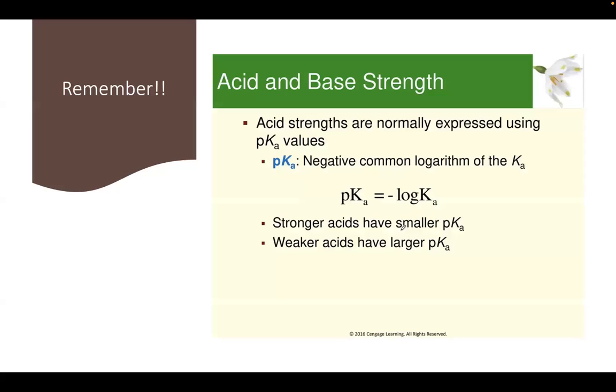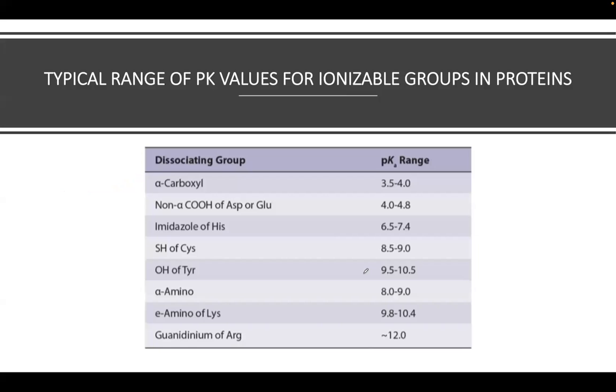So always remember this. Smaller pKa's are the stronger acids. Larger pKa's are the weaker acids. Okay, stronger acids have a smaller pKa, while weaker acids have a larger pKa.